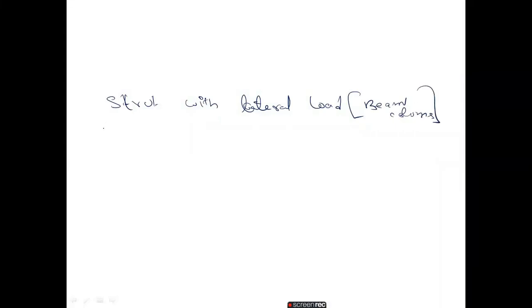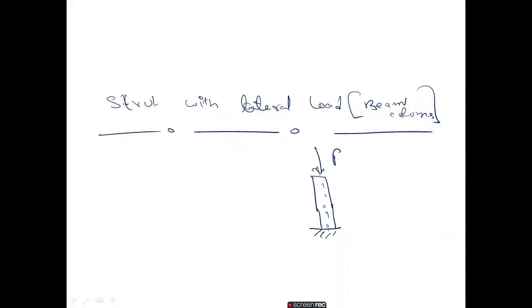So today in class we are going to discuss the strut with lateral loads. We call it a beam column also. Generally, when we observe a column anywhere, it is like this, a section, and the load acts like this.